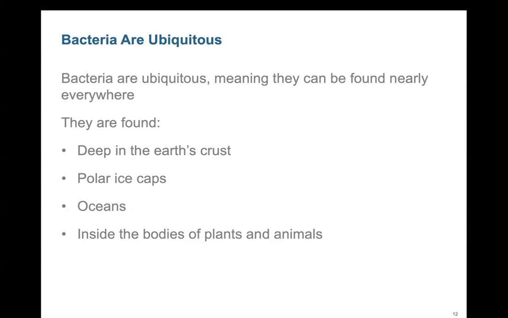As far as your own body is concerned, the human body is inhabited with lots of microbes, or microbiome.